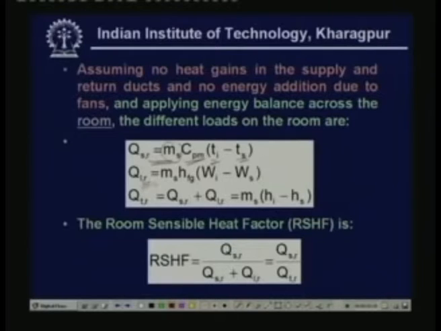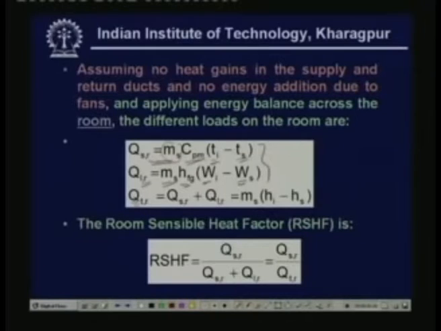Similarly, the latent load on the building QLR is equal to mass flow rate of the supply air MS into HFG, the latent heat of vaporization, multiplied by humidity ratio difference. Wi is the humidity ratio inside the conditioned space, Ws is the humidity ratio of the supply air. Okay, so these two are for the sensible and latent heat loads. Similarly, you can write an equation for the total heat transfer rate.